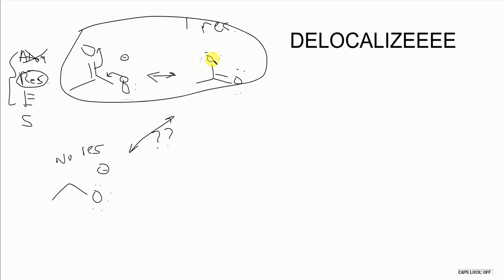So the charge is moving from over here to over here, and it's going to keep doing that over and over. Whereas in this one, the charge is fixed, it's fixed over here. So now that I've determined which one is more stable, we determined this molecule is more stable than this one. What does this mean in regards to our reaction?